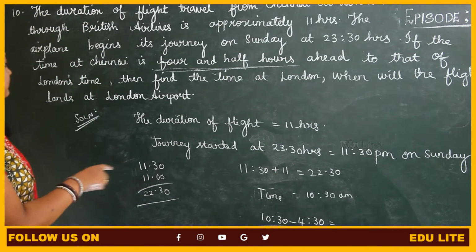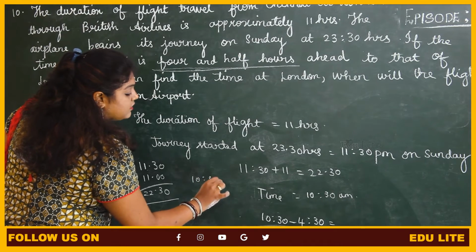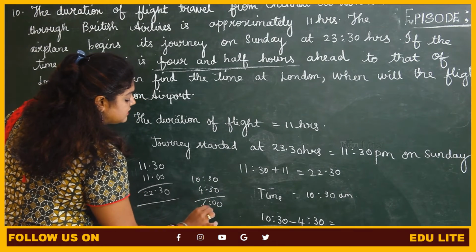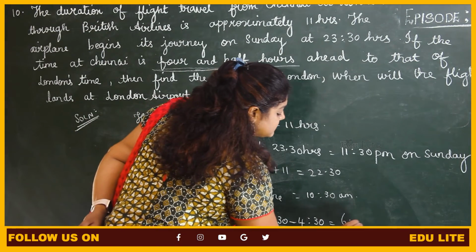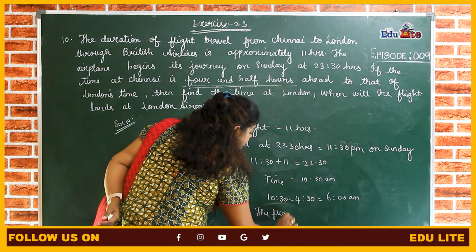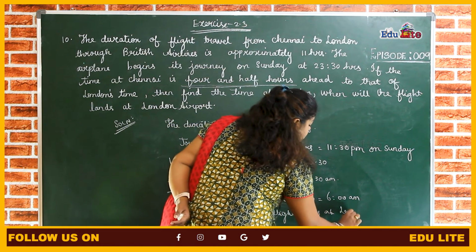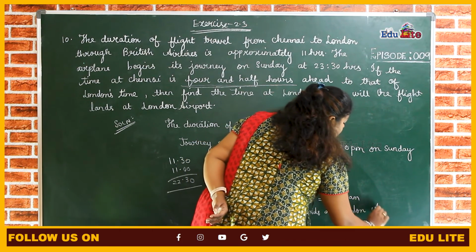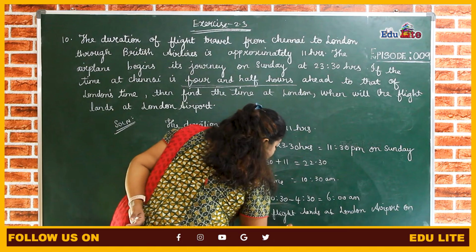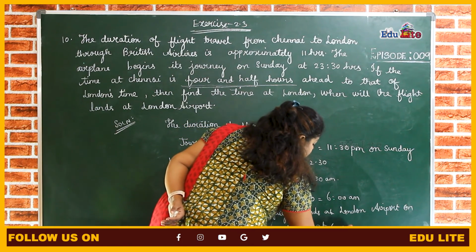At what time did the flight land at London? 10:30 minus 4:30 will give us 6 a.m. Therefore, the flight lands at London airport on Monday at 6 a.m.